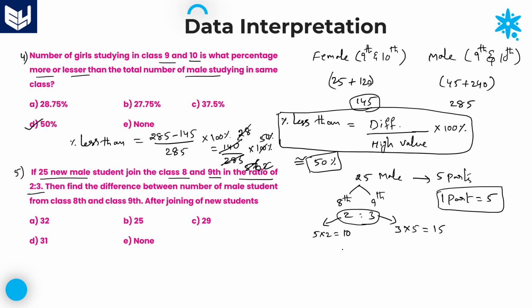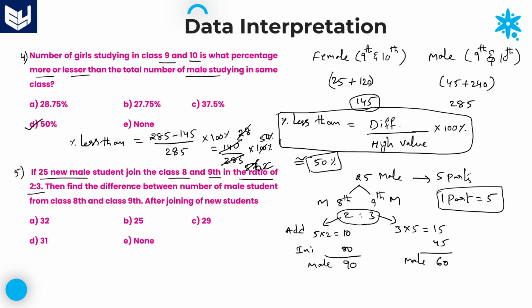Now after adding 10 members to the 8th class and 15 members to the 9th class, the total male candidates change to 90 members in class 8, whereas in class 9 it is 60 male members.